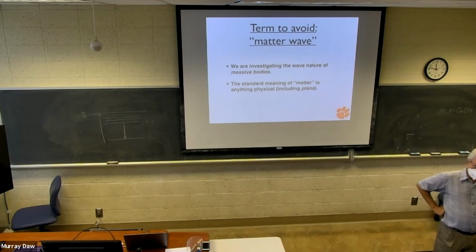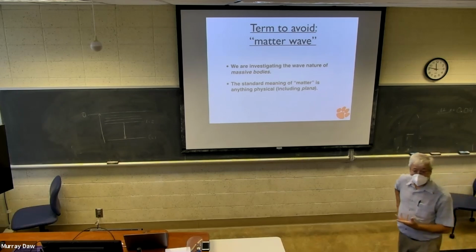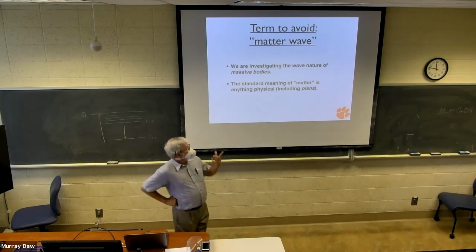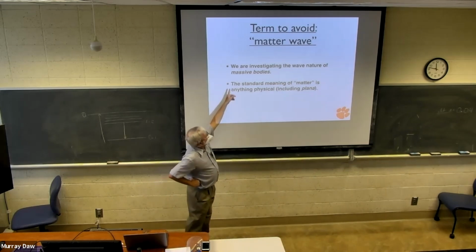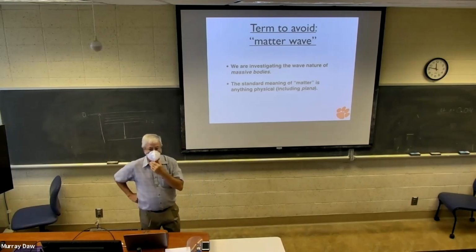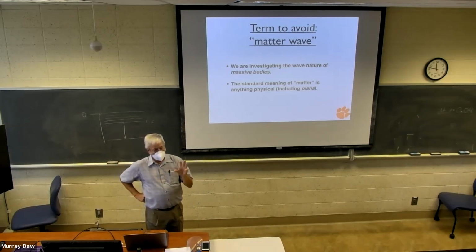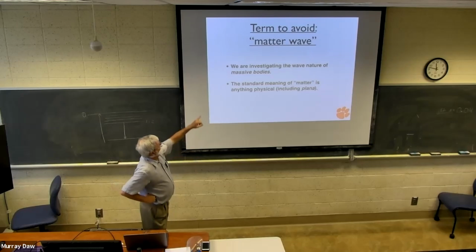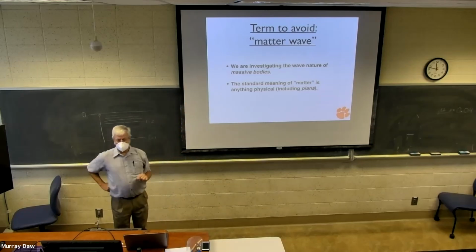So matter is that changeability. So matter wave is confusion. Properly, we should understand the wave nature of massive bodies. That's the correct terminology. That massive bodies like the hydrogen atom have both particles and waves involved in some way. But an electron is not a matter wave. That would be wrong to say.